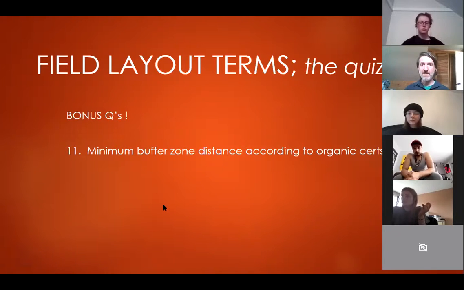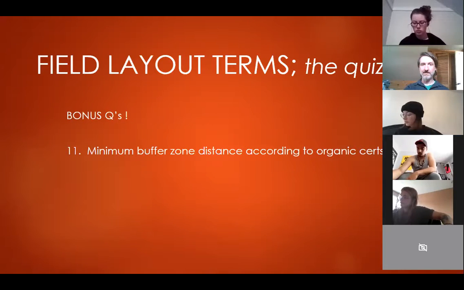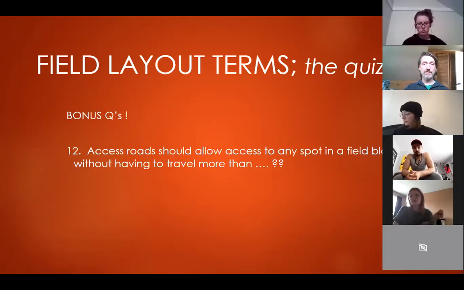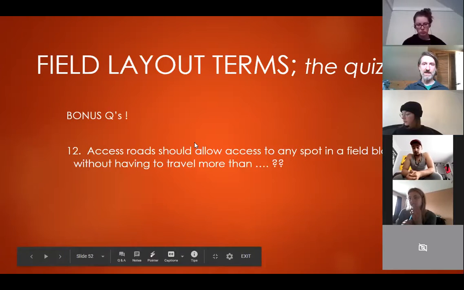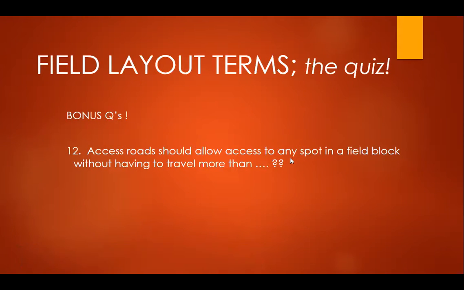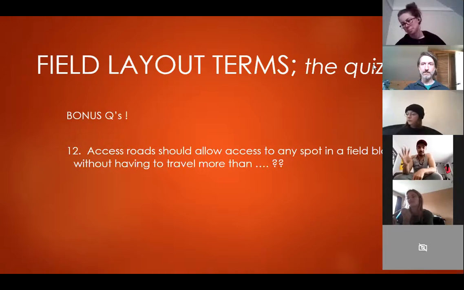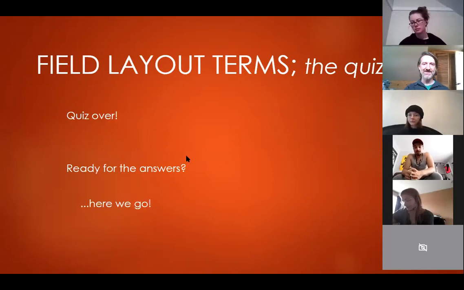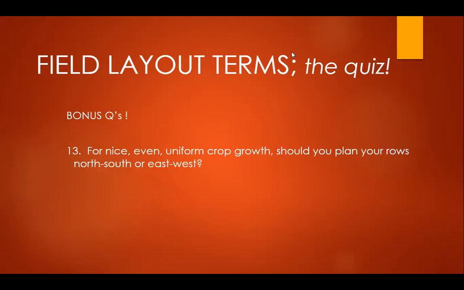And a bonus cue, minimum buffer zone distance. And your access roads should allow access to any spot in the field block without having to travel more than... Oh, and the last question here is for nice, even, uniform crop growth, you should plan your rows north-south or east-west.